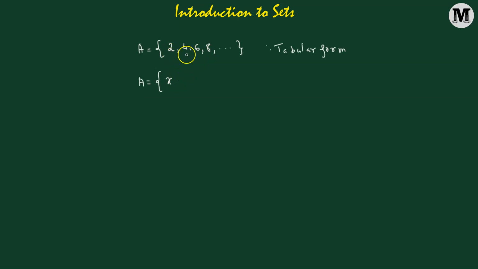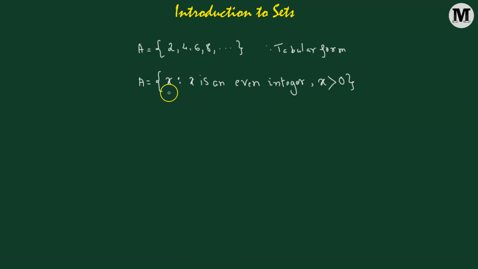So here instead of listing out all the elements, we are writing it in a compact form as X, such that X clearly is an even integer. Because we know that an integer could be either positive or negative, we are also specifying that X is greater than 0.